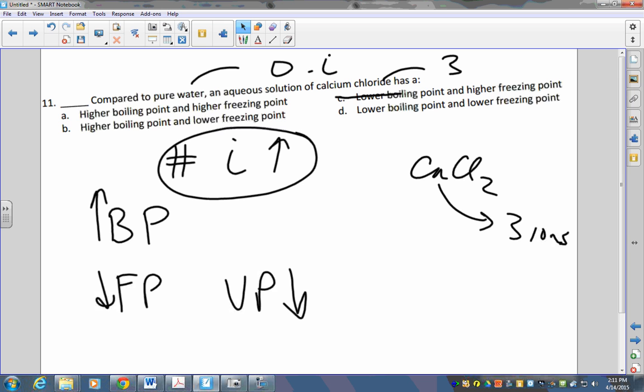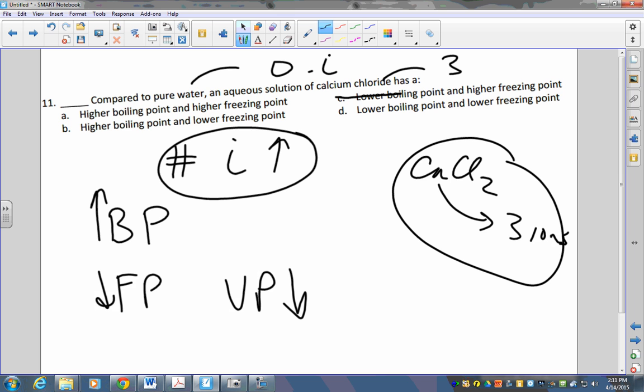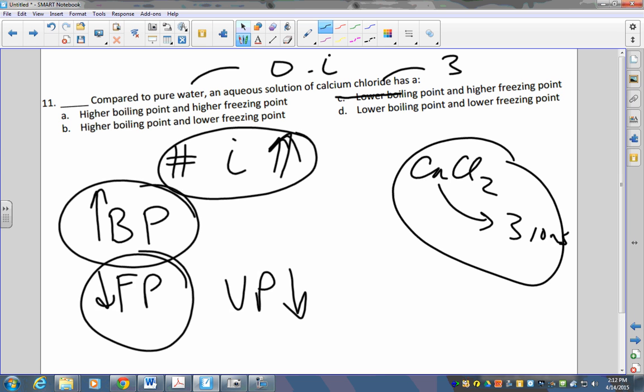Calcium chloride has 3 ions, so its i is higher, which means it's going to have a higher boiling point and a lower freezing point. So B is going to be your answer for that one. Calcium chloride, more ions or more particles, automatically just know higher boiling point, lower freezing point. If you flip it the other way around, it flips around.